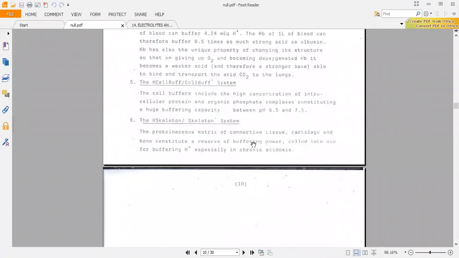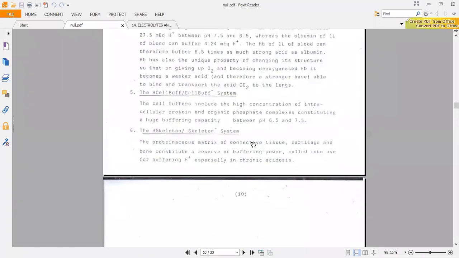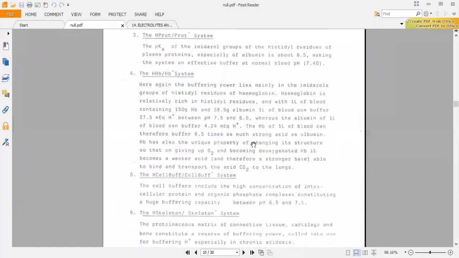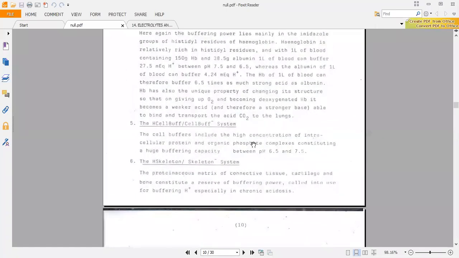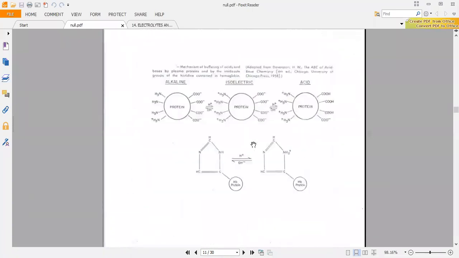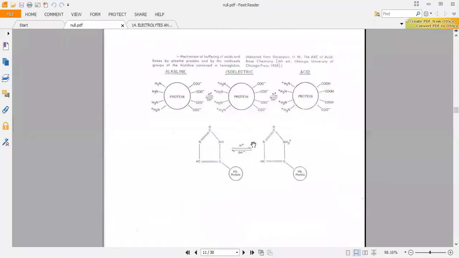So we've seen 6 major buffer systems. We've seen the bicarbonates, we've seen the phosphates, we've seen proteins, we've seen hemoglobin, we've seen cells, and we've seen the skeletal system. So these are the buffer systems of the body. Okay, good.